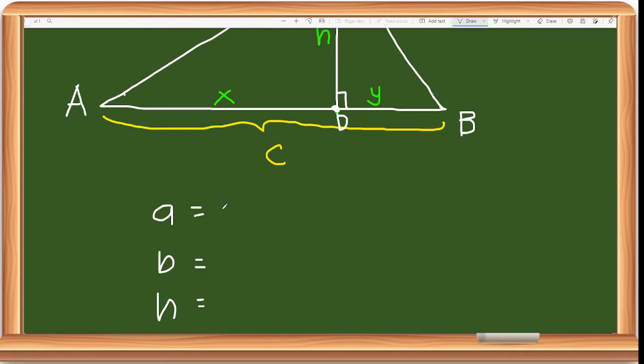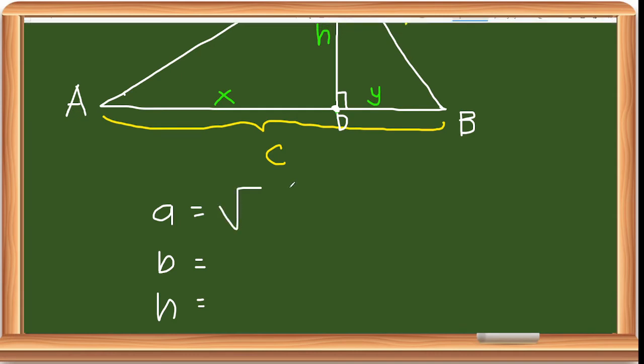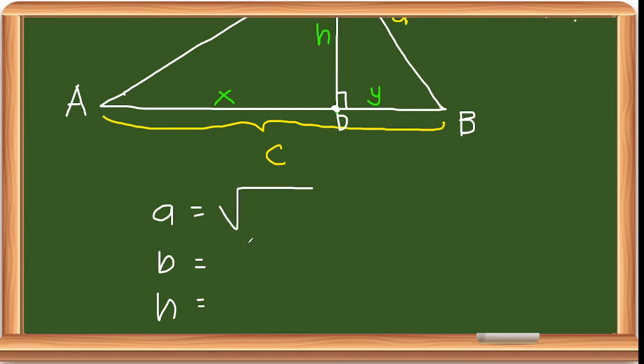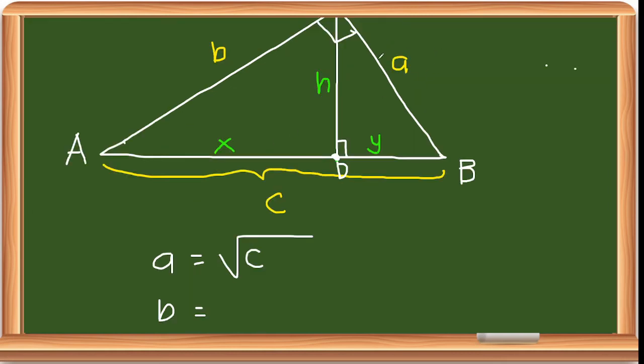Ngayon, yung A natin is the square root of. Okay, take note of this one. The square root of C. So, ito yung side A. We're looking for side A. The square root of C times Y. Okay?